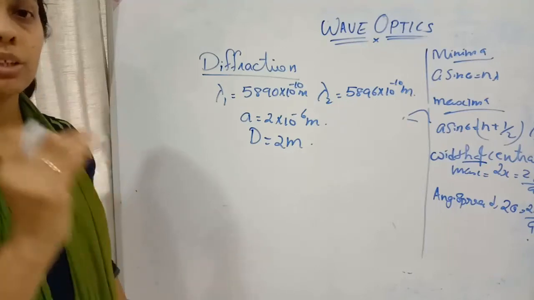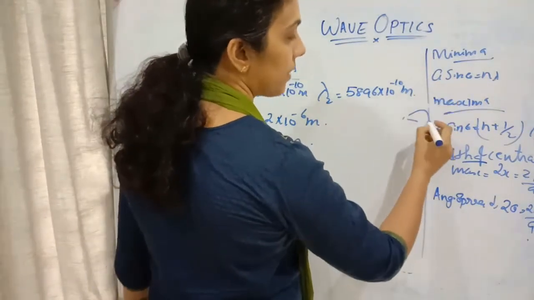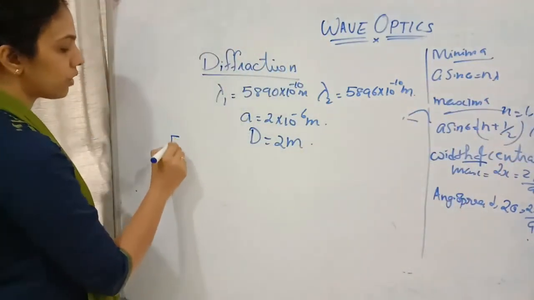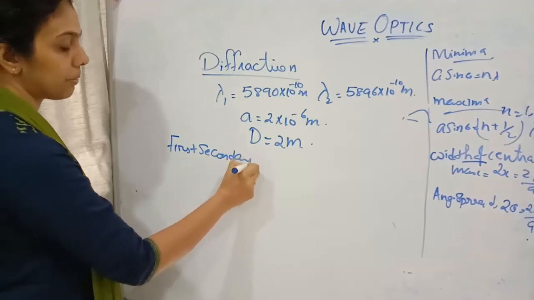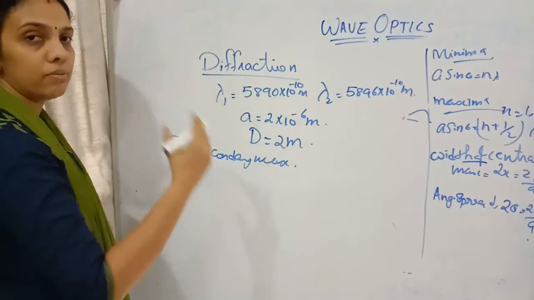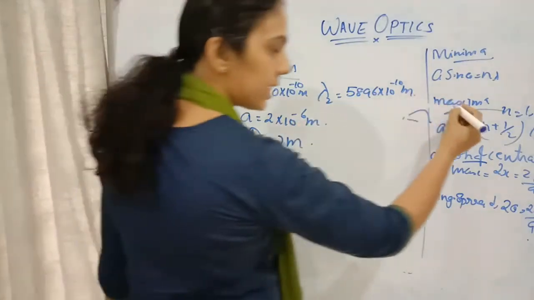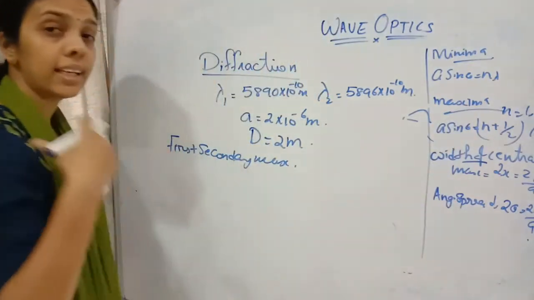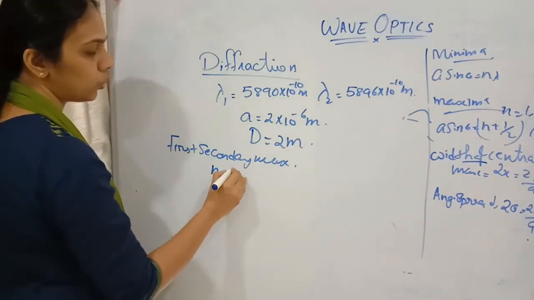Next we find the first maxima, the first position of secondary maxima, with n equal to 1, 2, 3, etc. The central fringe will be a bright fringe, then the first secondary maxima, the second secondary maxima, and so on. The central fringe is the principal maxima, and these others are the secondary maxima. For the first secondary maxima, n is equal to 1.